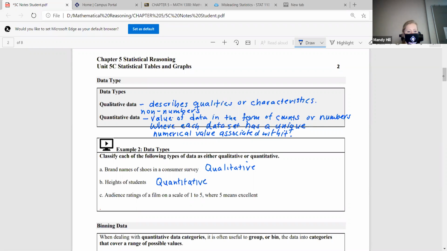Audience ratings of a film on a scale from 1 to 5, where 5 means excellent. Quantitative. We could actually get some number results with that. Questions about any of that stuff? Okay.